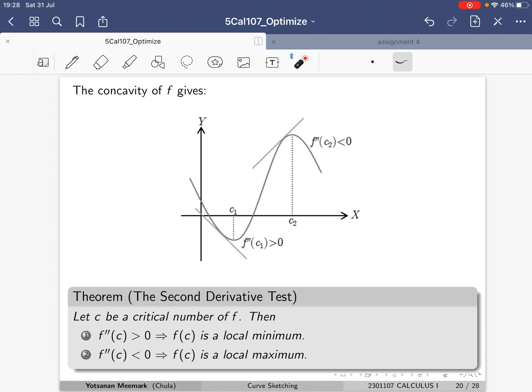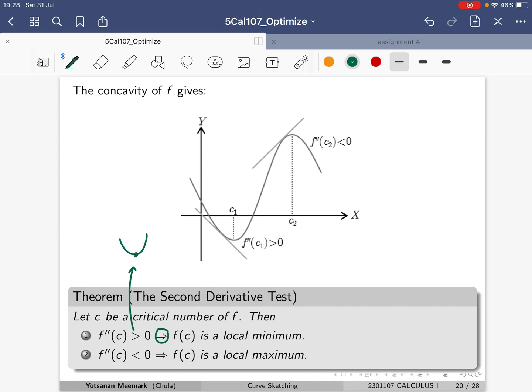Actually, concavity is also saying that if c is a critical number of f, and f double prime at that point is positive, then it means concave up.